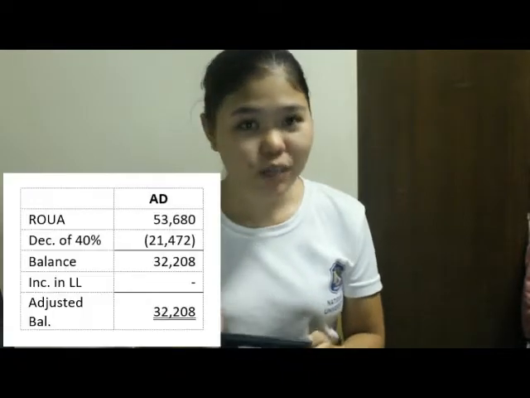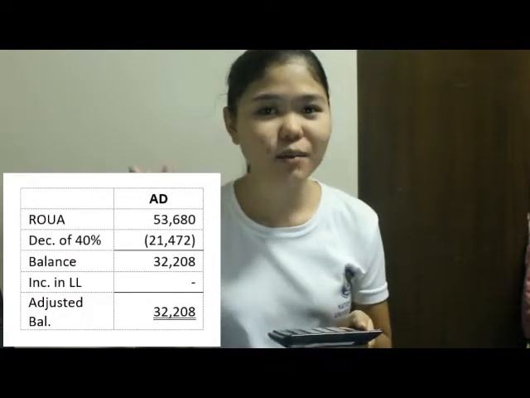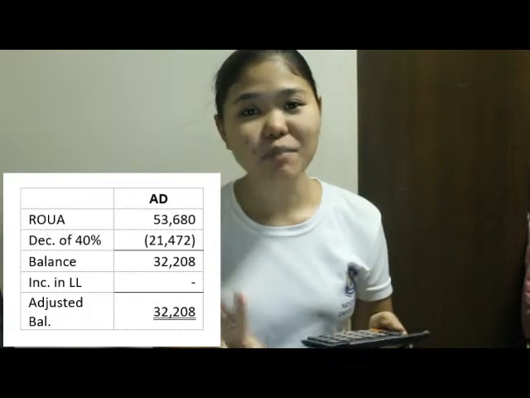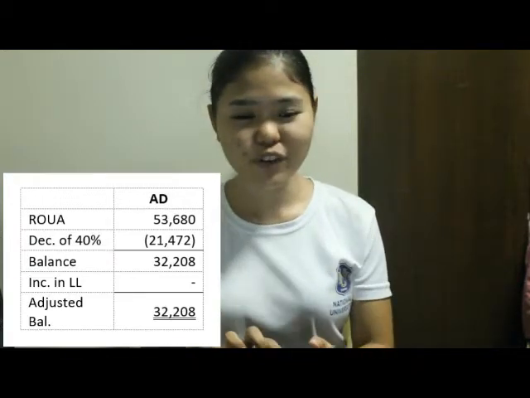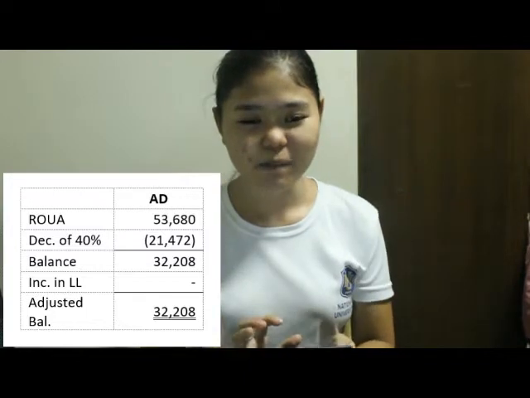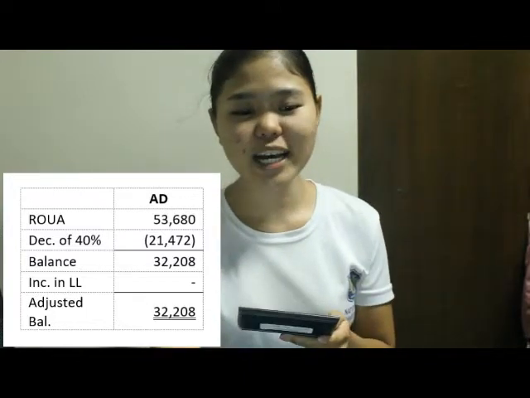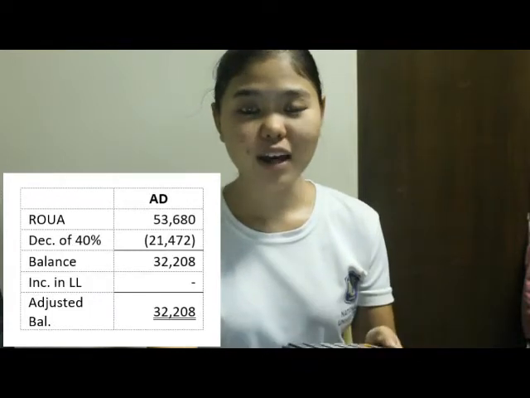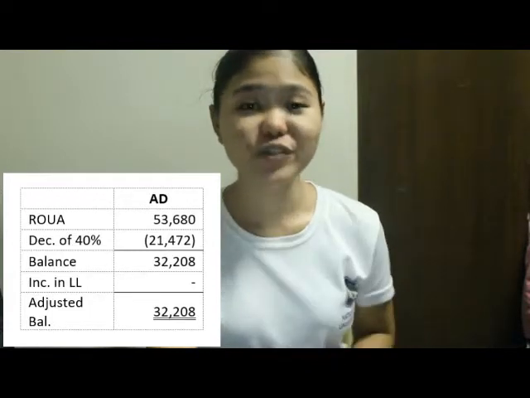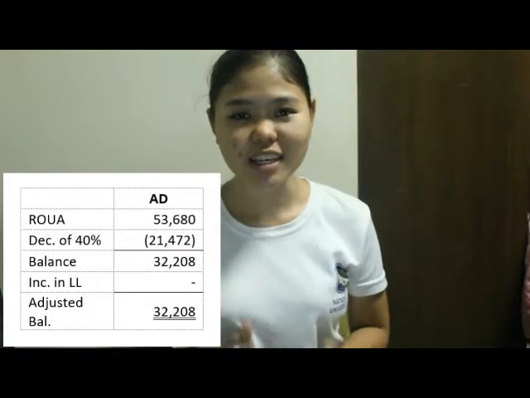Of course, nandun din yung accumulated depreciation dahil 2 years lang naman yung nagdaan bago yung modification. Meron lang tayong accumulated depreciation na 53,680. So, yung depreciation expense niya na 26,840 times 2 lang kasi 2 taon lang naman, kaya naging 53,680.